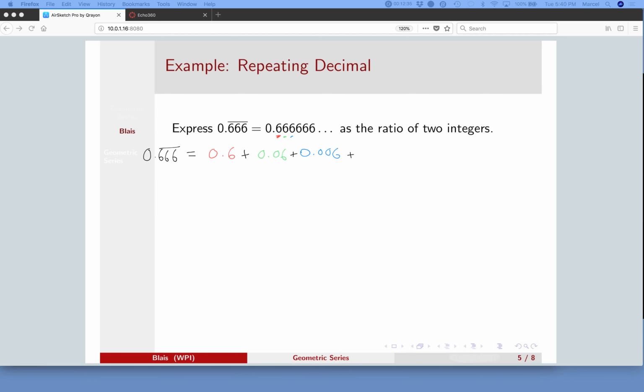The fourth digit would be 0.0006, so on and so forth. And each one of these terms can be written as a fraction. This is 6 over 10 plus 6 over 100 plus 6 over 1,000 plus 6 over 10,000.